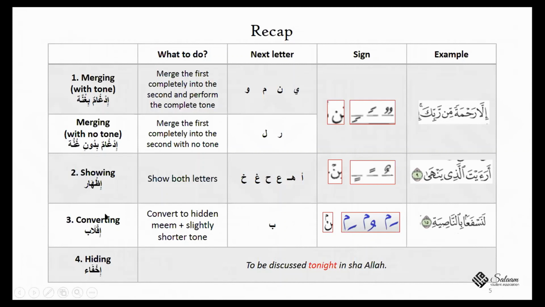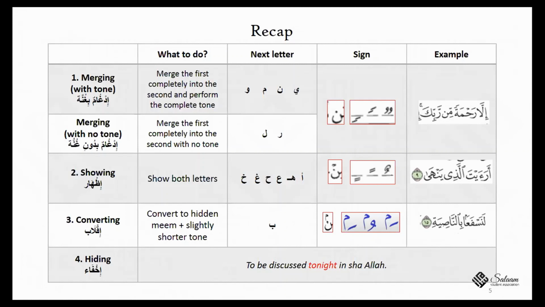The last one was converting or iqlab, and we have this with one letter, which is ba, and we will see that the tanween is written this way and the noon is written this way, and now we convert the noon into meme, and we do ميم مخفاة بغنة as we discussed in the converting lesson. So the tanween will be converted into meme, and then we will not keep any space between the lips, and we will not press too hard as we discussed in the converting.